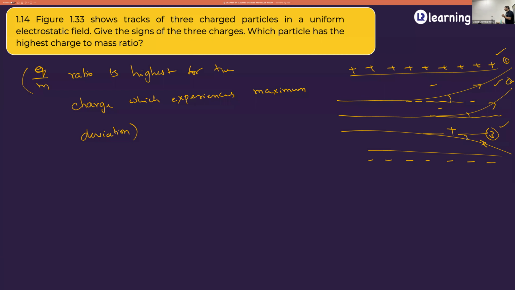So that is the actual reason why the charge by mass ratio is directly proportional to the deviation. But as I told you, we'll not be doing the additional exercise problems. That's why I didn't go into the mathematical details, but I hope you understood this. Right. Shall I proceed?